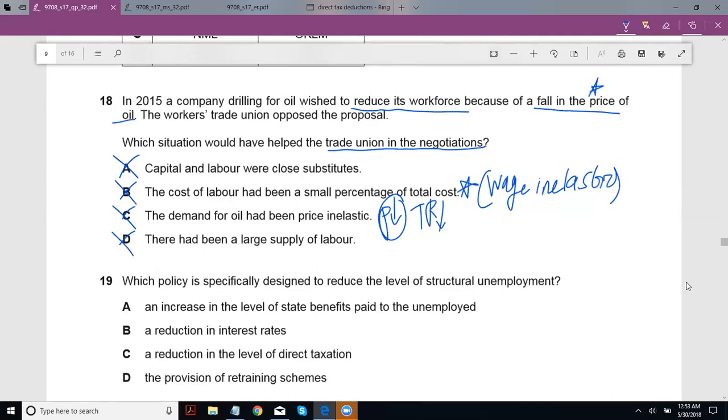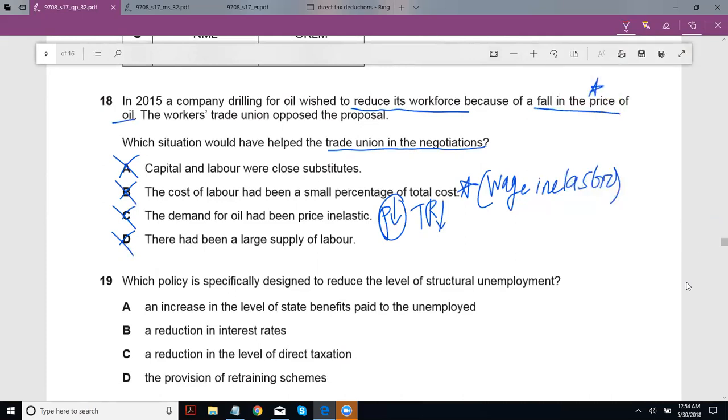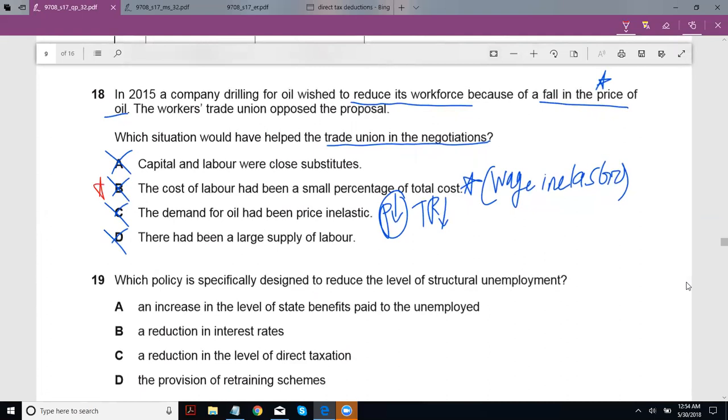If there's a large supply of labor, how does that help the trade union at all? The company can still very well reduce the workforce. It doesn't really affect it. So I think we would go back to our option of B, because all other options have been crossed out.